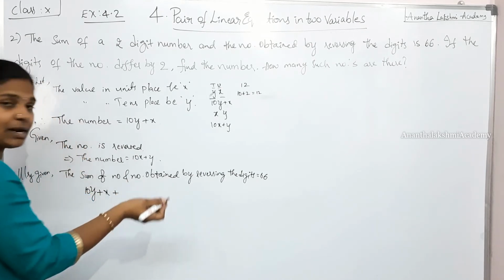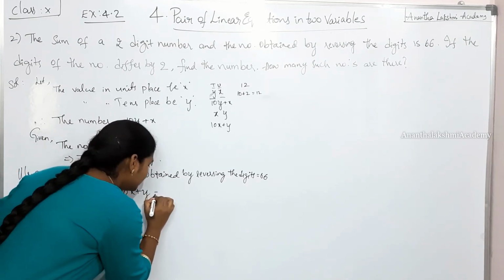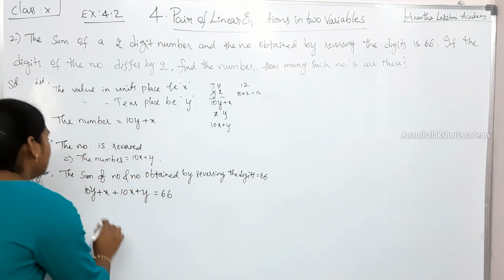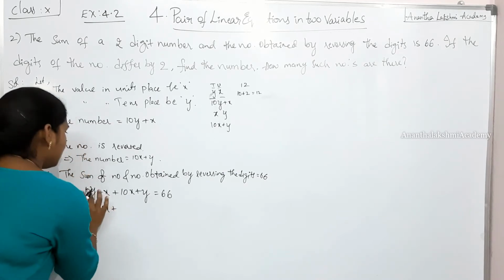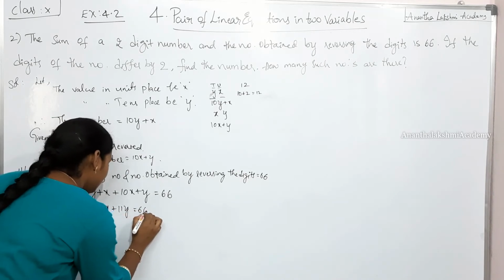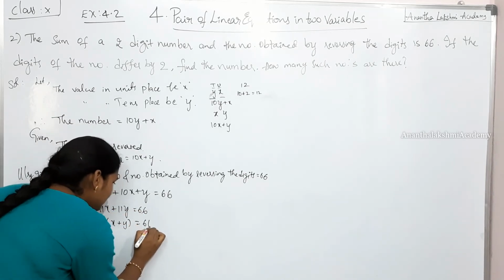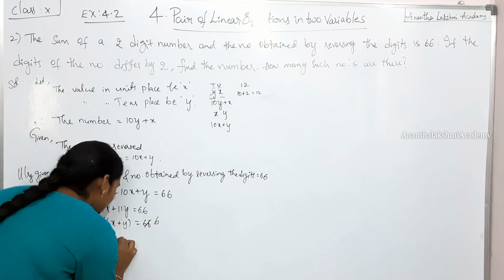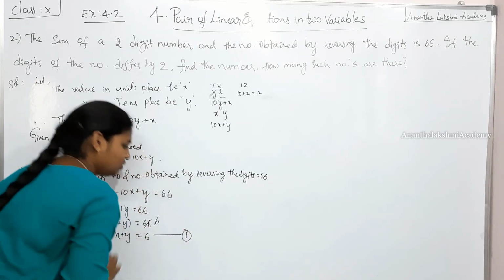Plus, what is the number obtained by reversing the digits? 10x plus y is equal to 66. x plus 10x is 11x, 10y plus y is 11y, equal to 66. If I take 11 common, 11 into (x plus y) is equal to 66. This gets cancelled and x plus y is equal to 6. Let us call this equation 1.